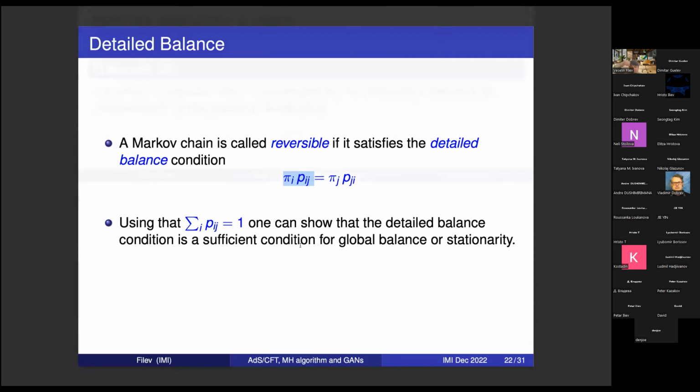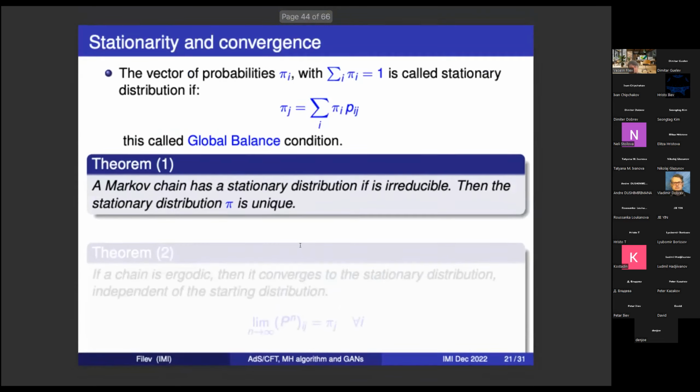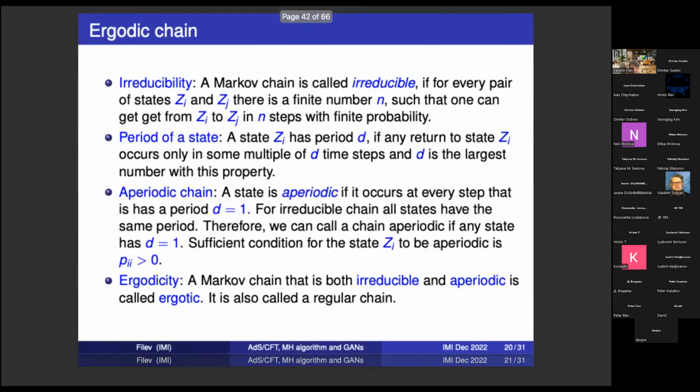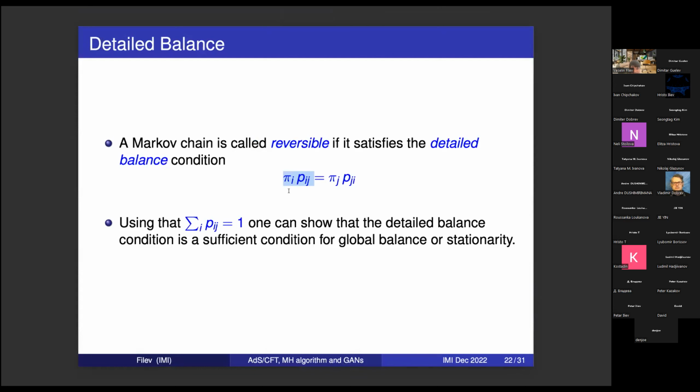I don't know why I stopped at this. I might have flipped some index, or maybe it's because I'm presenting. What am I saying? That I have to sum over the first index. Maybe let me look. I think I have to sum over the second index. That's the thing.